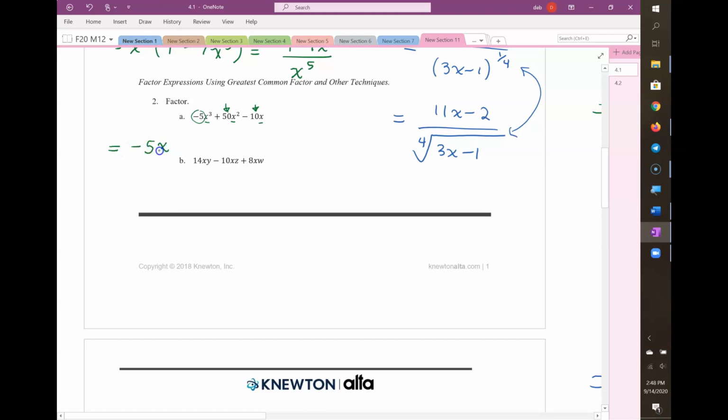So I'm going to factor out a negative 5x, which will leave me with an x squared in the first term, minus 10x, so that when I distribute, I get back what I started with, plus 2.